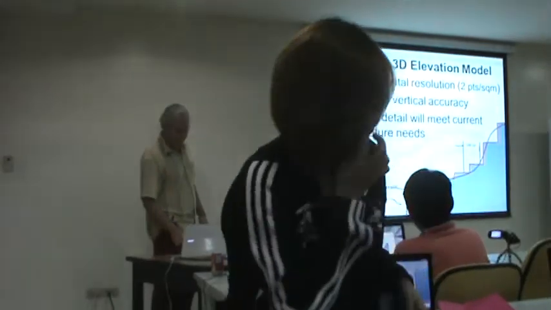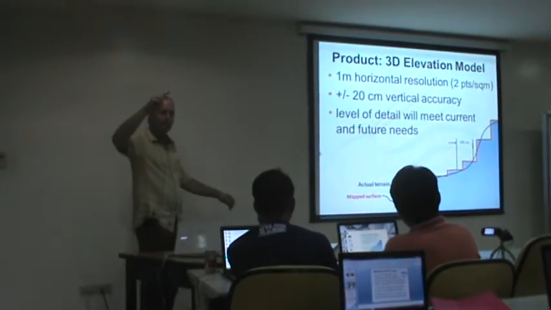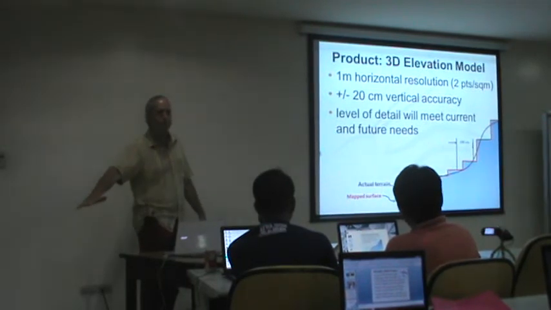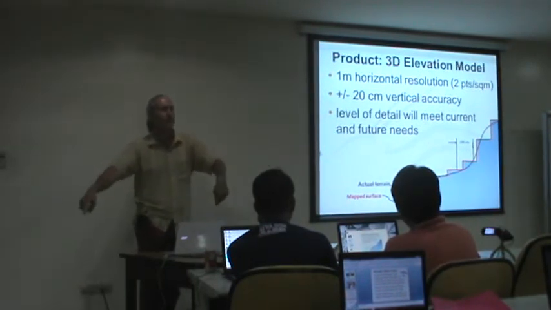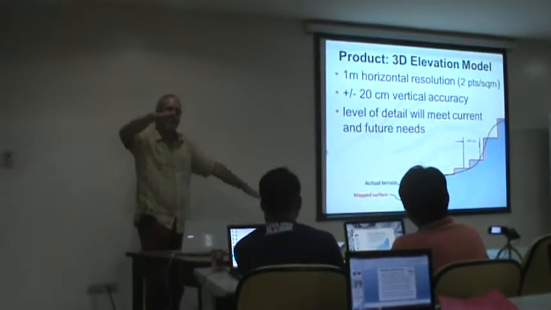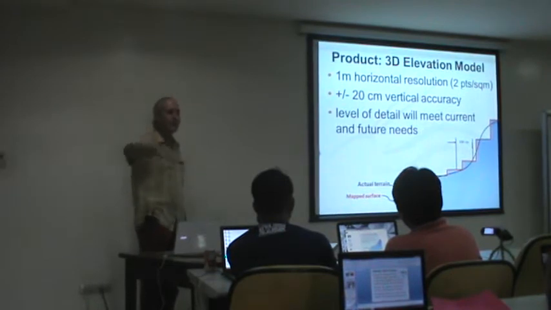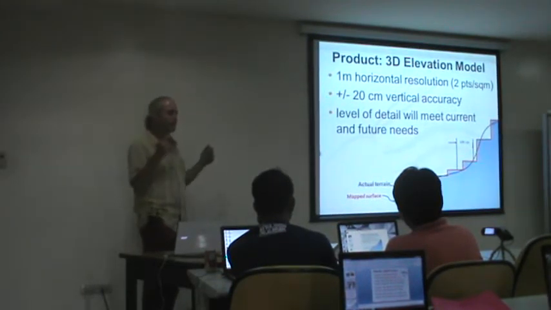In the middle of each tile you put one number, and that number should say how high the terrain is at that point, plus minus 20 centimeters. That's the goal.